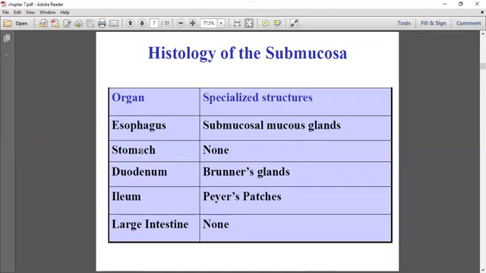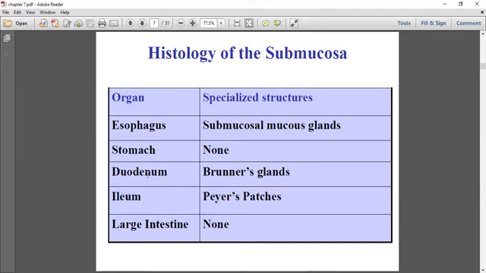Stomach, there is no specialized structure within the submucosa of the stomach parts. It is normal connective tissue having the basic structural features of any connective tissue.